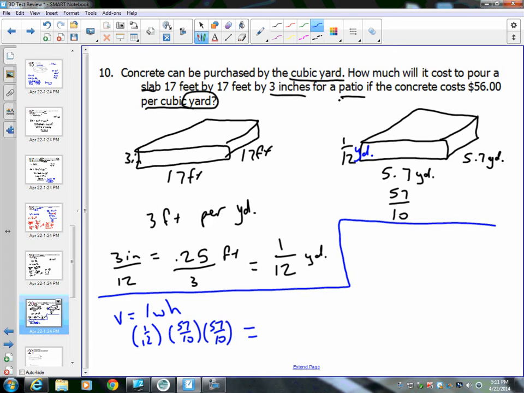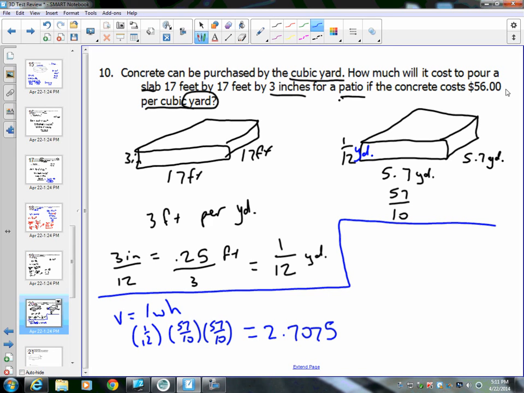We get kind of a crazy number as 2.7075. I went ahead and wrote down the entire number, the whole decimal. I could put this in a fraction, but the fraction is pretty ridiculous. So we're going to go ahead and use the decimal here. That's fine. So this is how many cubic yards of concrete that we need.